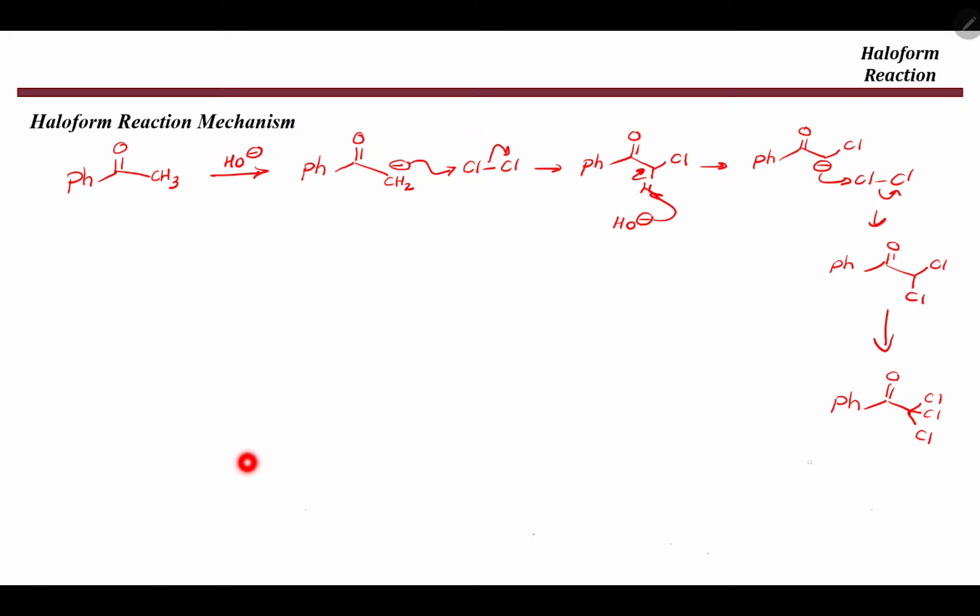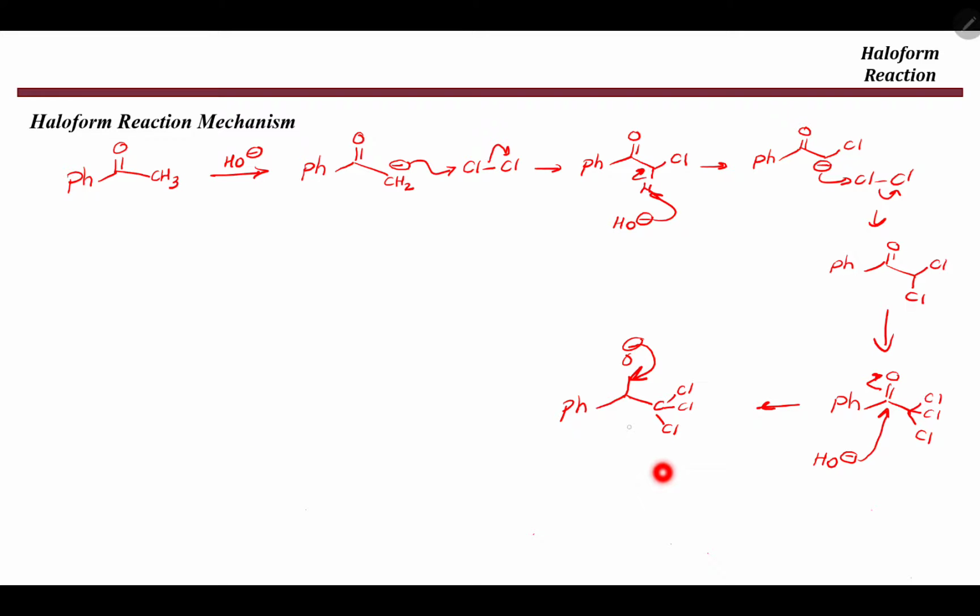Now what happens is that when OH minus attacks here, and this goes up, we have a very good leaving group, which is this carbon connected to three chlorines.